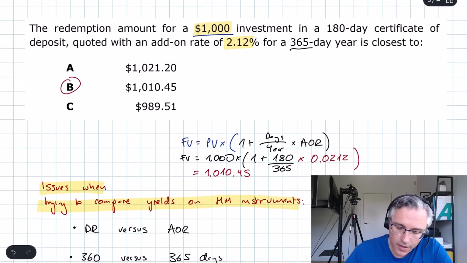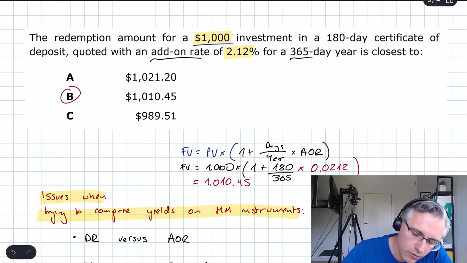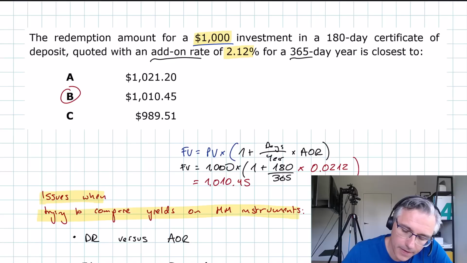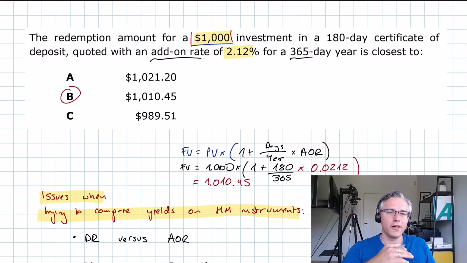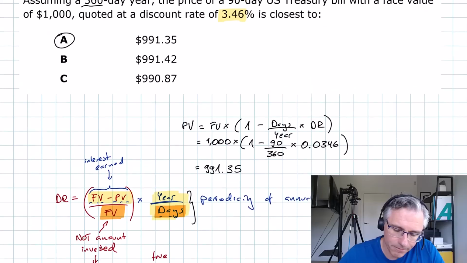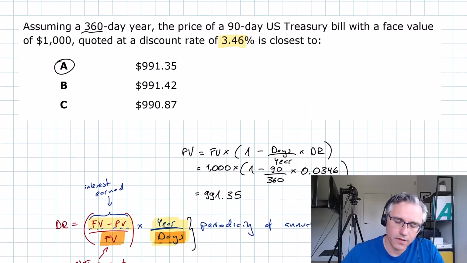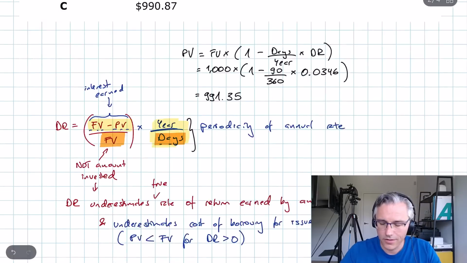Plus, typically with AOR, add-on rate, you will be quoted the amount of the initial investment, and you'll need to work out how much you'll get back at the end of the instrument's life. Whereas with instruments where we utilize the discount rate, you'll typically be given the face value, and you'll have to work out the price today.